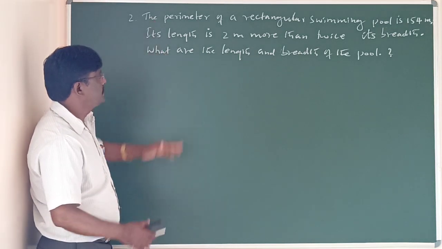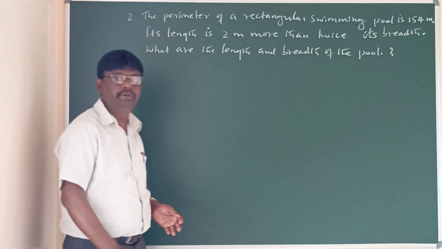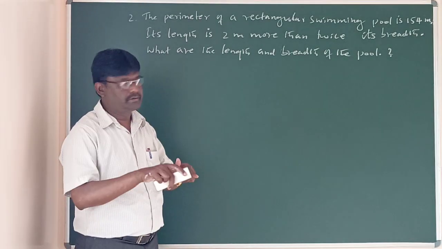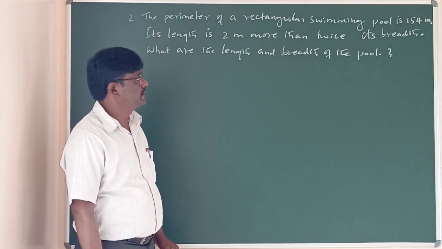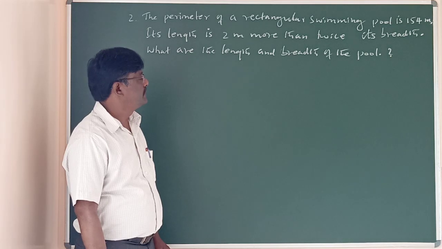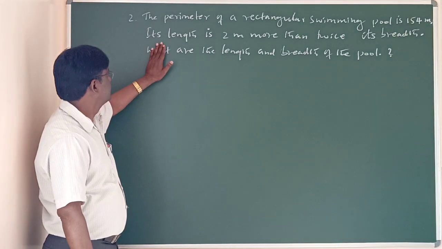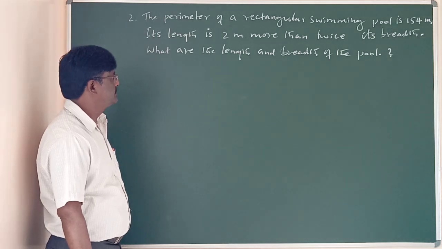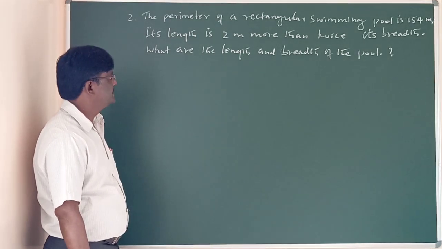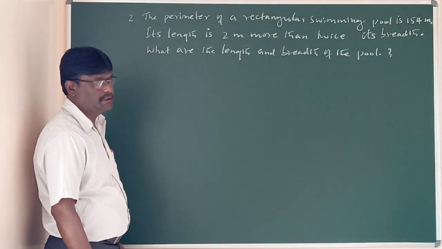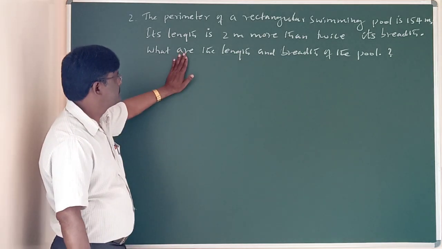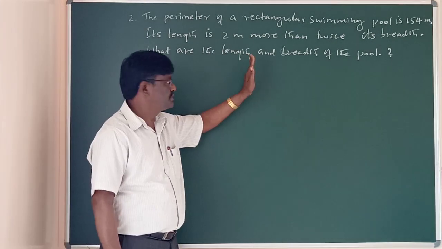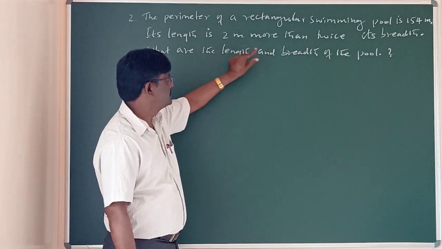The perimeter of a rectangular swimming pool is 154 meter. Its length is 2 meter more than twice its breadth. What are the length and the breadth of the pool? Here children, we have two dimensions, length and breadth.